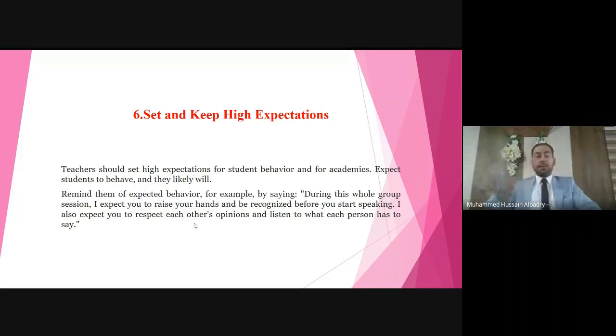You will respect other students. Okay, you have to have high expectations of the students. I expect from you that you will do this and this and this. Not low expectations. You will not say that the students will not respect each other. No, you have to expect, and you make your expectations high.